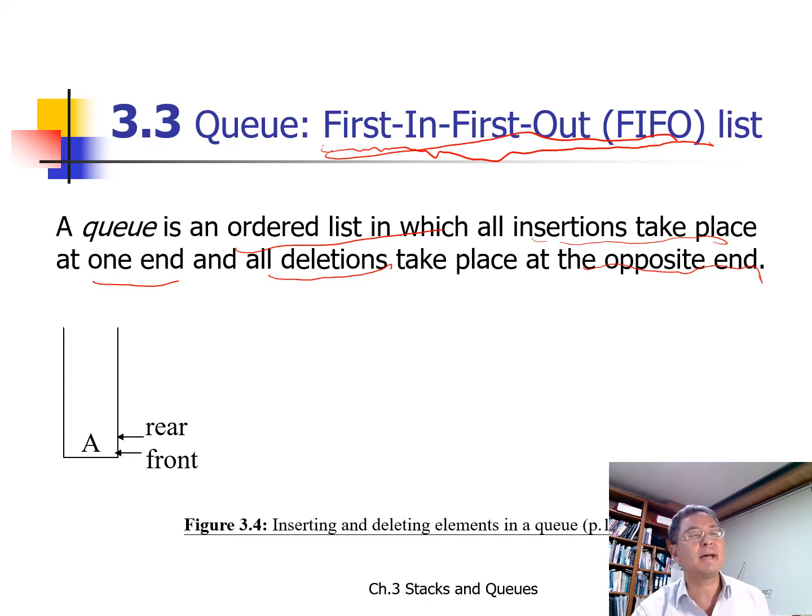Okay, so that means that they have different entries, different doors, and that means the queue has two doors. Okay, so stack has only one door. Insertion and deletion always happen at the top, but in queue data structure, insertion happens at one end, deletion happens at the other end.